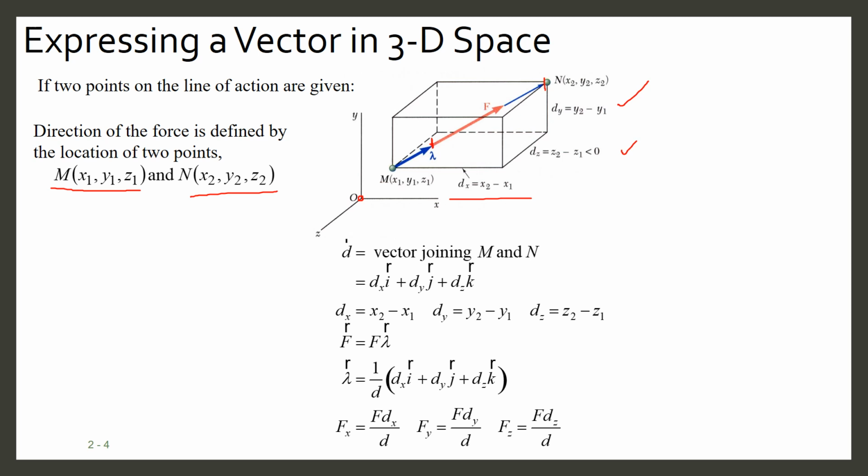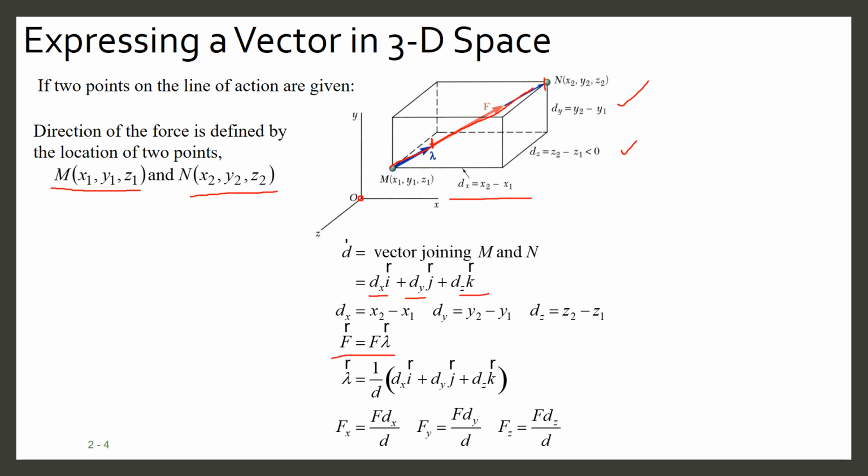Then the vector joining MN will be equal to dx i plus dy j plus dz k. And we can also express it in the form of lambda.